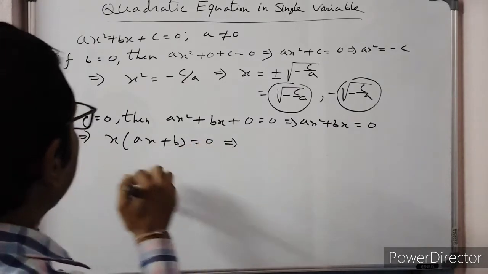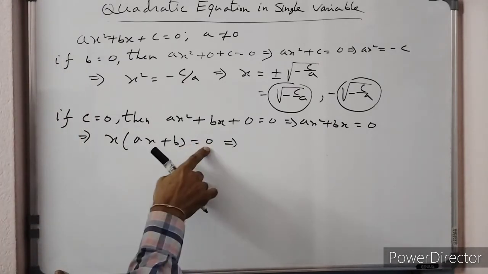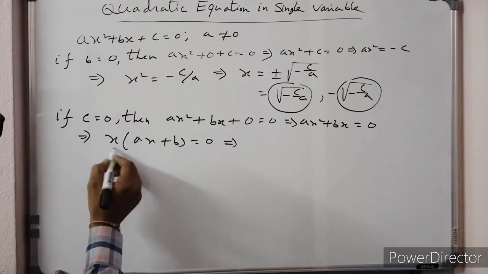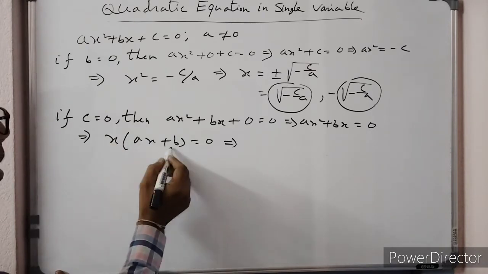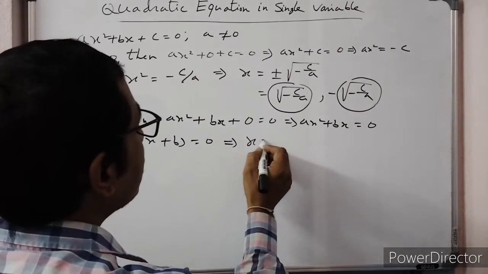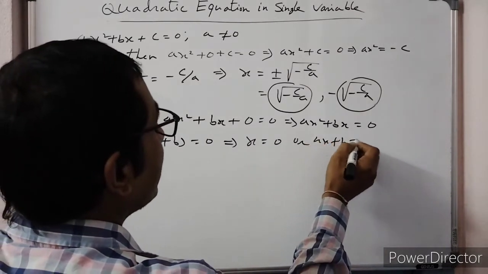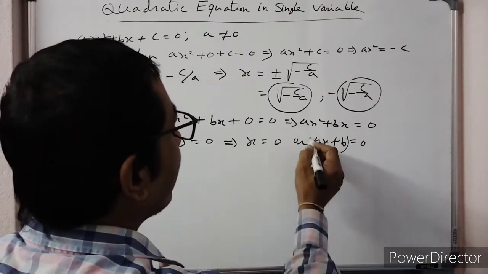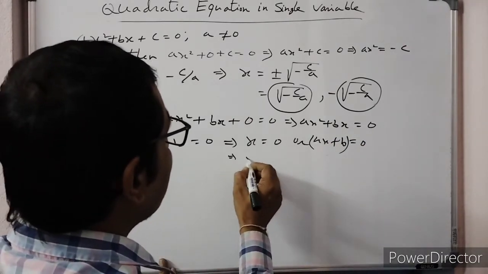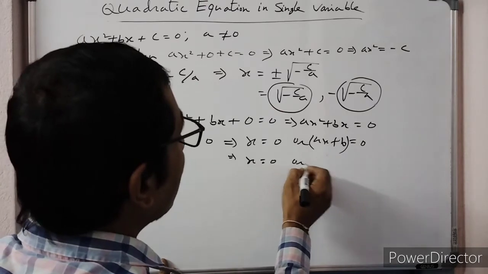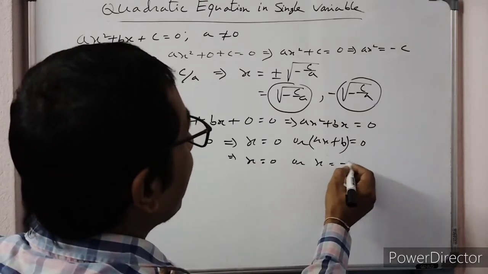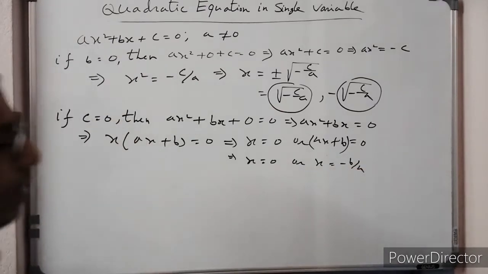That implies the product of the two quantities is 0. Therefore, either x equal to 0 or ax plus b equal to 0. That implies x equal to 0 or x equal to minus b by a.